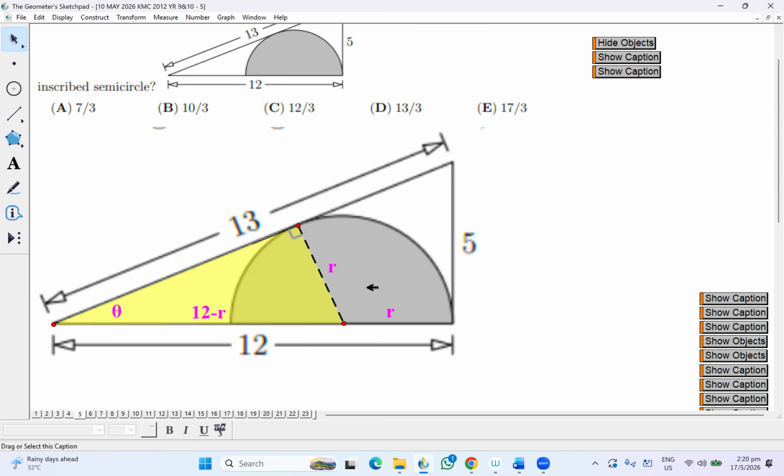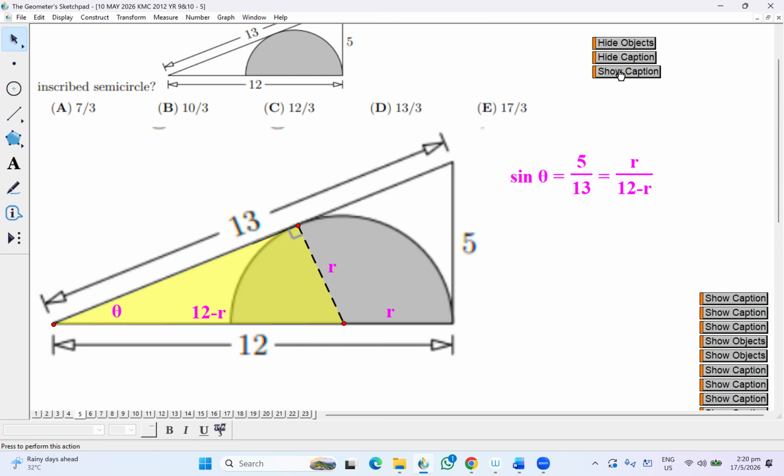So the radius R, and then the balance 12 minus R. So there's no need to use Pythagoras theorem. We use sine theta. Sine theta is opposite over hypotenuse. So for the original triangle, sine theta is 5/13. For the yellow triangle, opposite is R, hypotenuse is 12 minus R. So we form the equation: sine theta 5/13 is also R/(12 minus R).